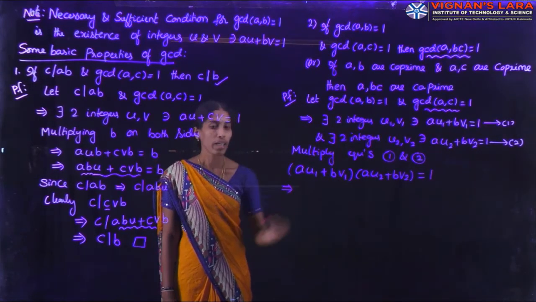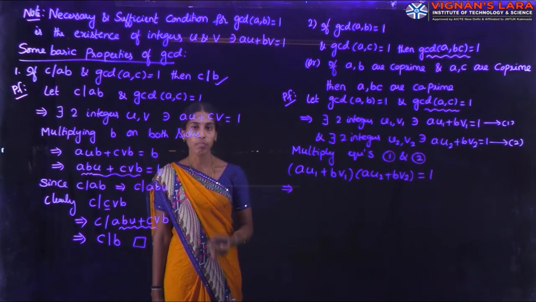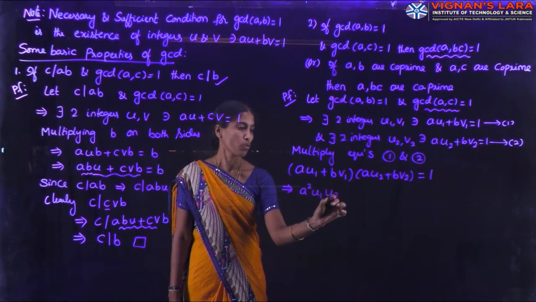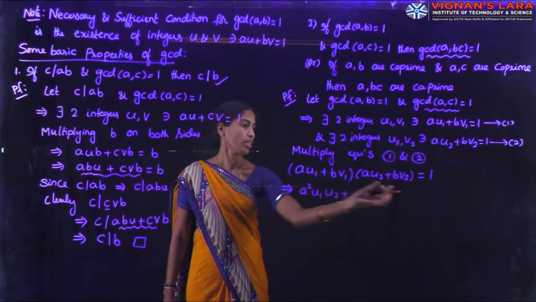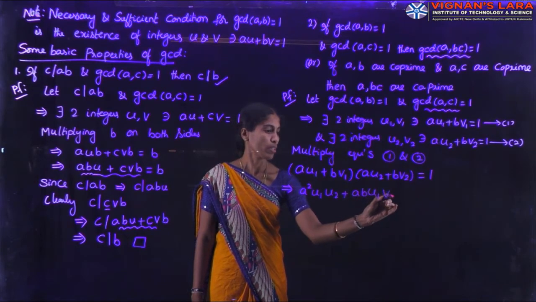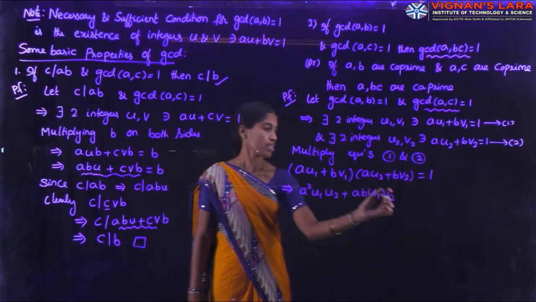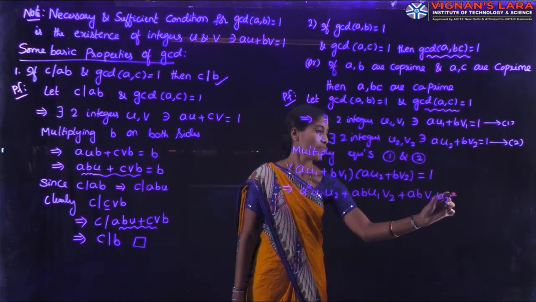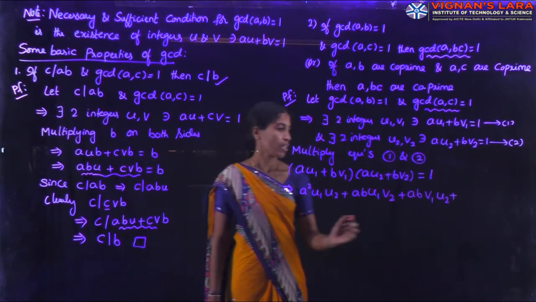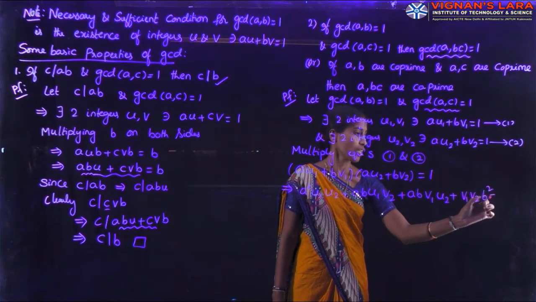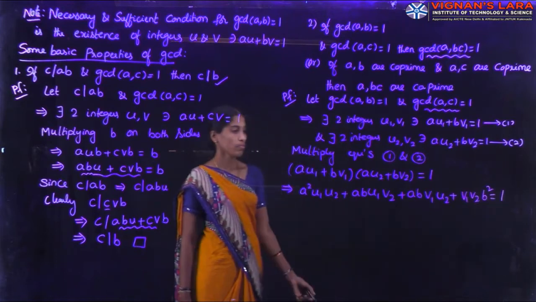Now, multiply LHS side term by term, we get a square u1 u2, this term into second term, ab u1 v2, second into first term, again ab v1 u2, second one into second one, v1 v2 b square is equal to 1, right?